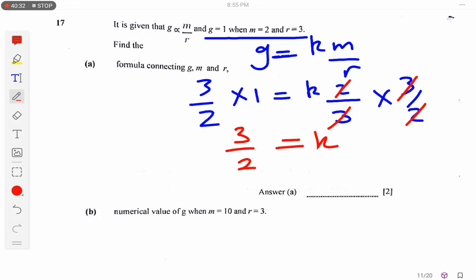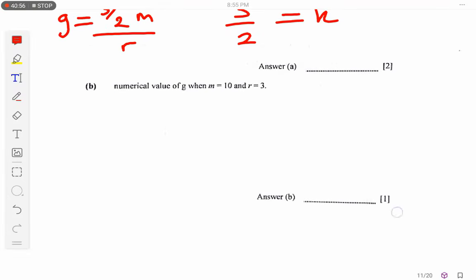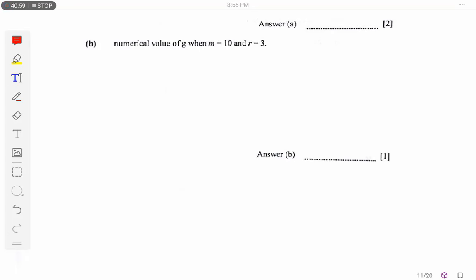Now we can rewrite the formula connecting these as G equals 3 over 2 times M over R, like that. If you want, someone else can even rewrite it in a simpler way. Let's just leave it like that for the sake of others to understand.